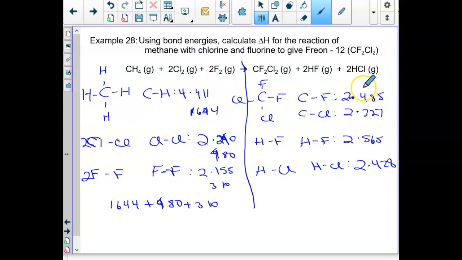I didn't leave myself enough room, so I'm going to go here. 327 times 2 is 654. And then 565 times 2 is 1130. And 428 times 2 equals 856.